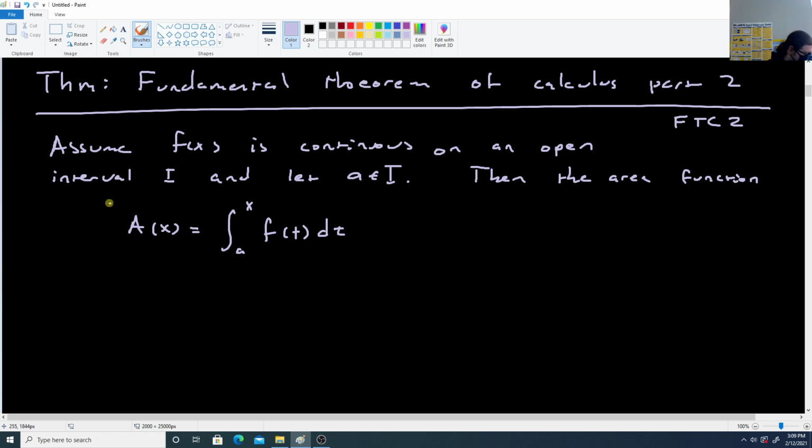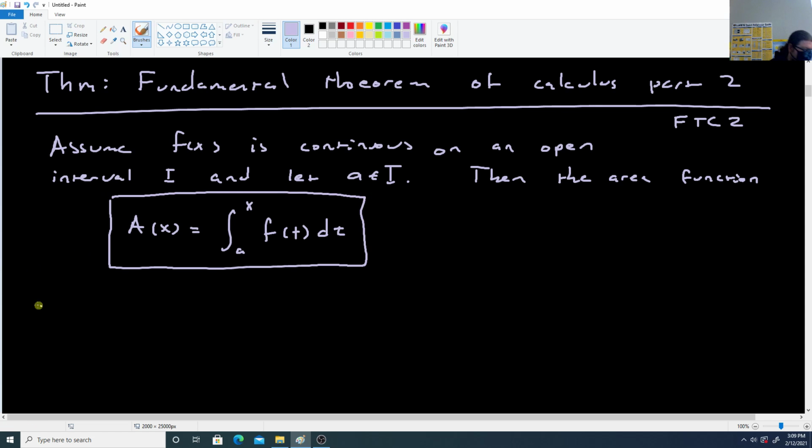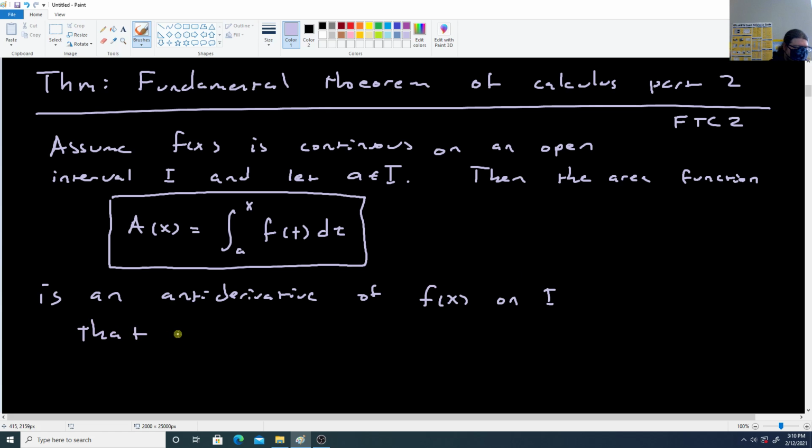So this area function here, and that's an important equation, so they're going to box it in, is an antiderivative of f of x on I. So we could say that A prime of x is going to equal f of x.